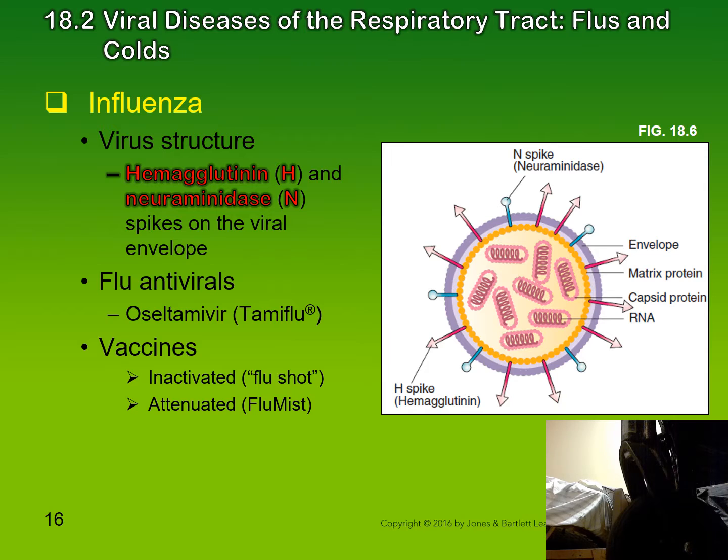You have the N spikes and the H spikes. The H spikes are hemagglutinin, and the N spikes are neuraminidase. Those are two enzymes that stick out from the surface of the virus particle.